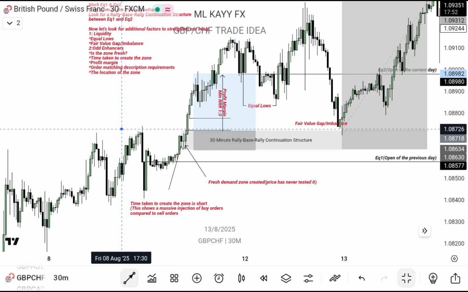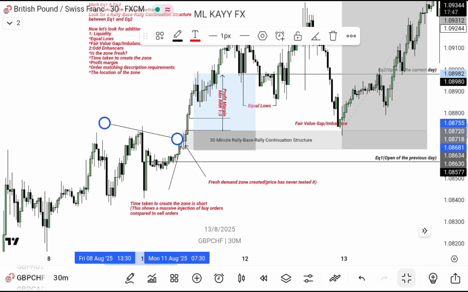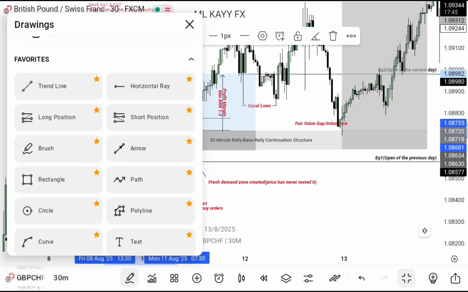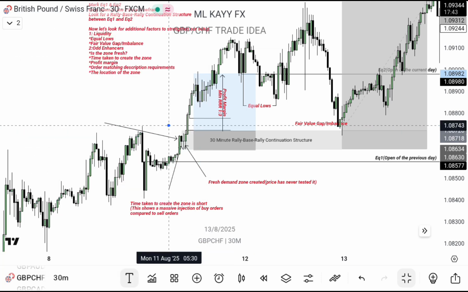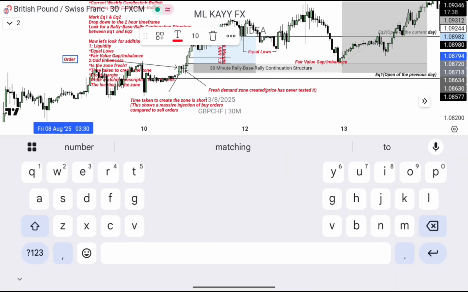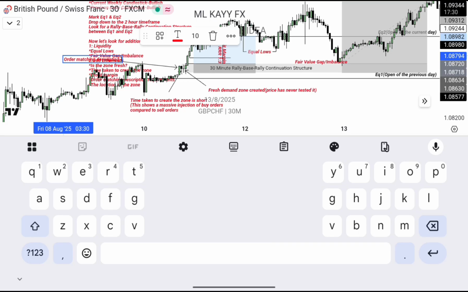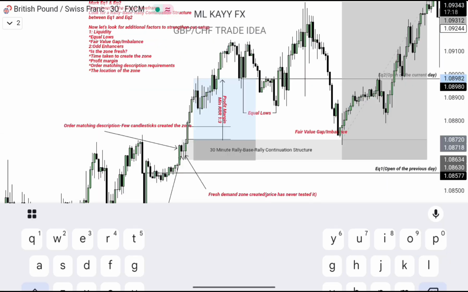As you can see, after price created the demand zone, I measured the profit margin, which is 1:3, and the profit margin being what? The first take profit. Once price traces back to your demand zone, the first take profit level is 1:3. Then your second take profit level is the highest point or the lowest point the market made before it retraced back to your zone. I hope I'm making sense, right?